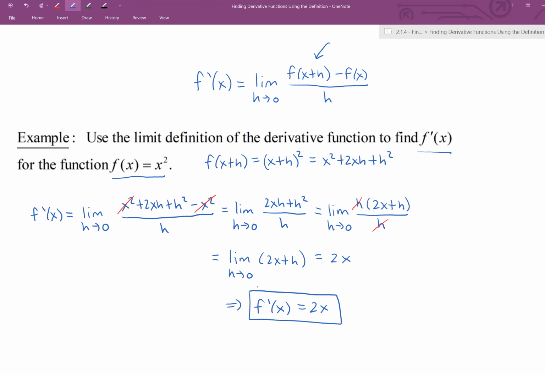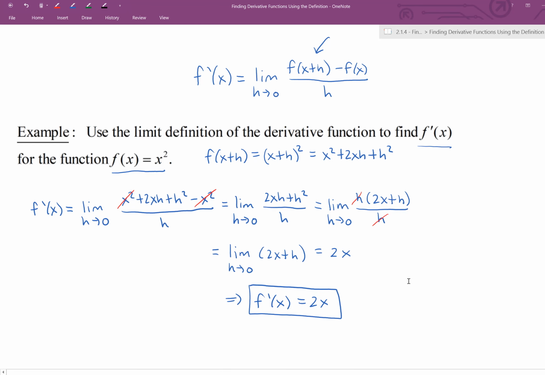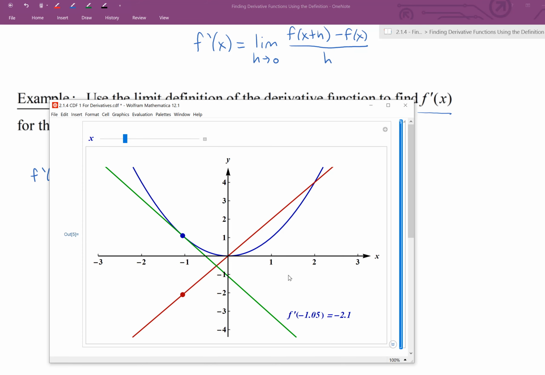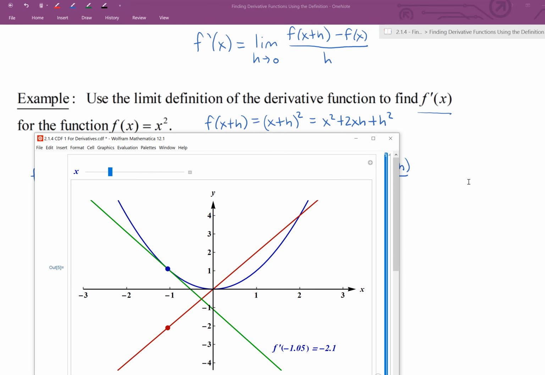So that is an example of using the process of the limit. Let's go ahead and take a look at a nice, beautiful picture here, which is showing exactly what's going on. The blue graph, y is x squared, is the function of consideration.